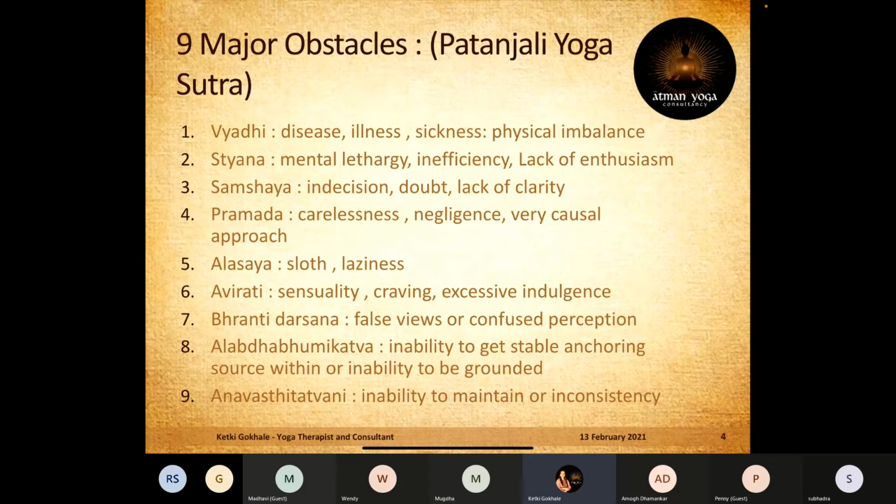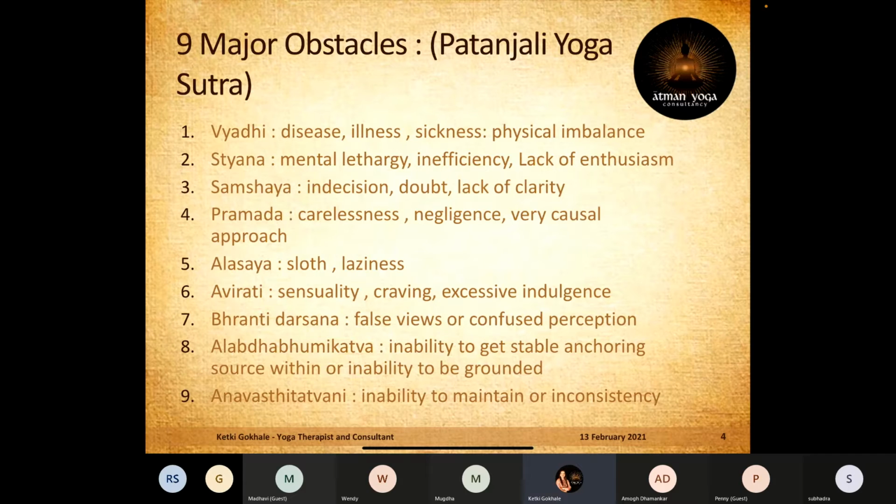And then Anavasthitattvani. When we feel like we are not connected to something that lasts, it is challenging to find a meaningful objective to move towards, causing us to feel like we are just floundering in an ocean of irrelevant busyness.